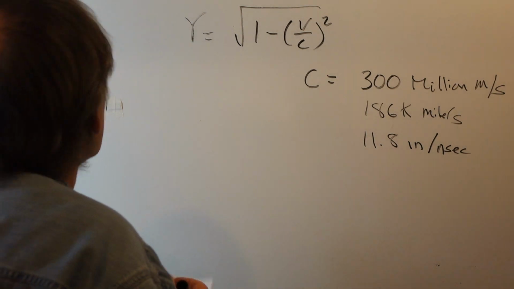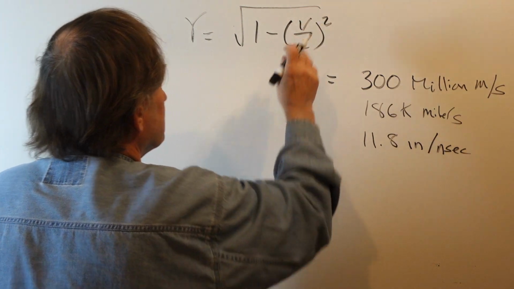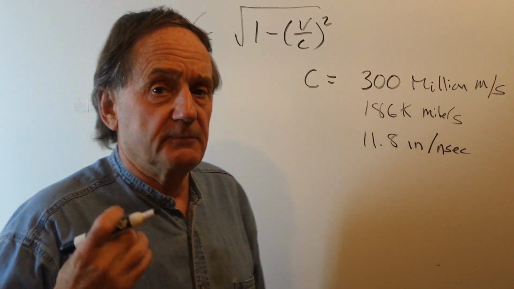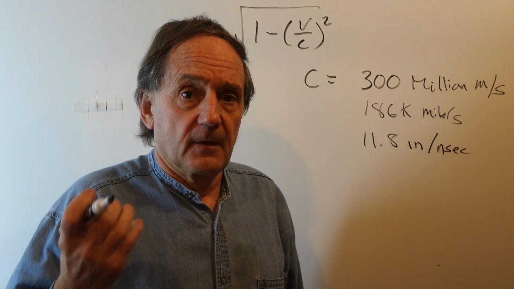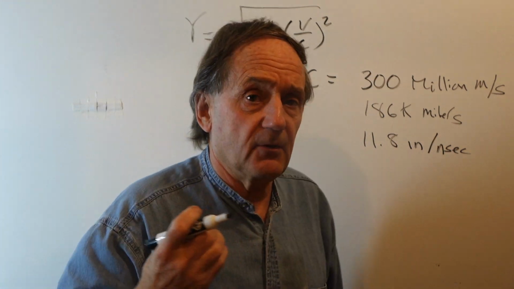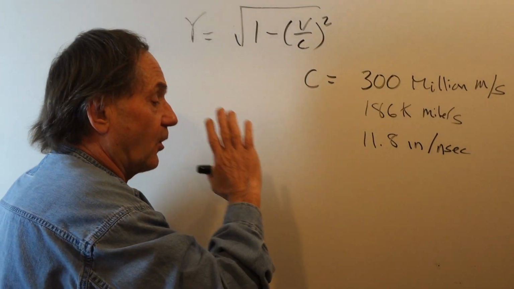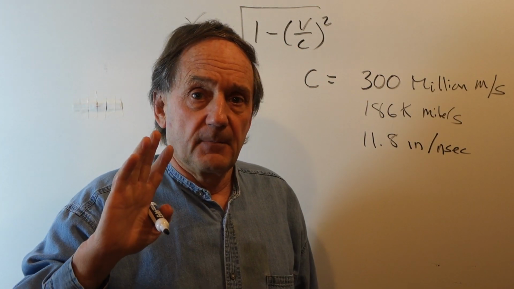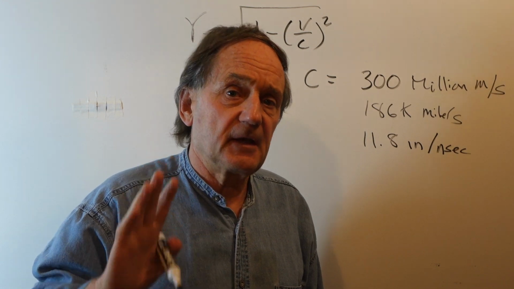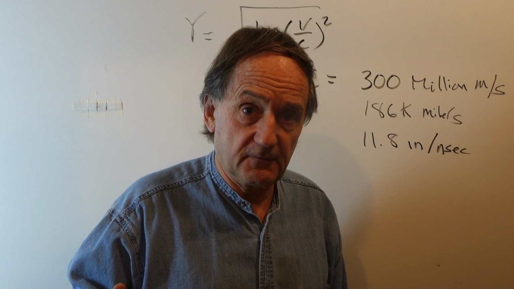Now, I'm going to look at what the velocity of an object has to be, how little that velocity needs to be compared to the speed of light so that the Newtonian mechanics deviates less than 1/10 of a part per million from the special relativity theory.